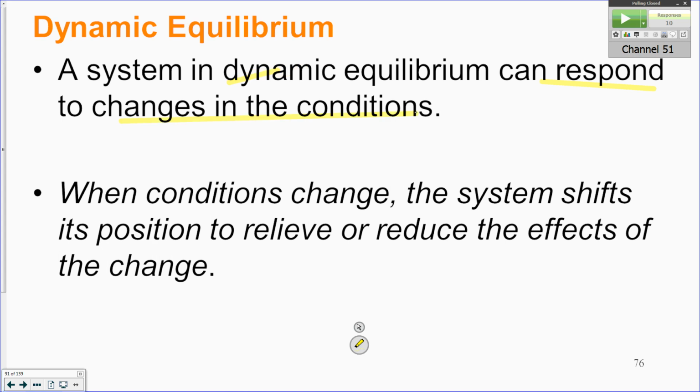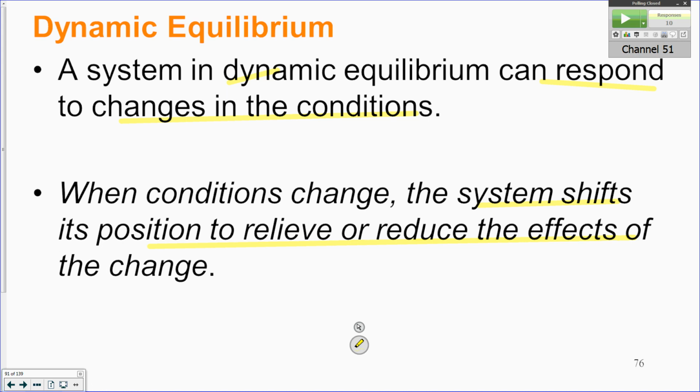It responds or alters whenever the conditions change. A system that undergoes change shifts in a direction that relieves stress or reduces the effects of that change. And that's the inherent nature of all chemical reactions.